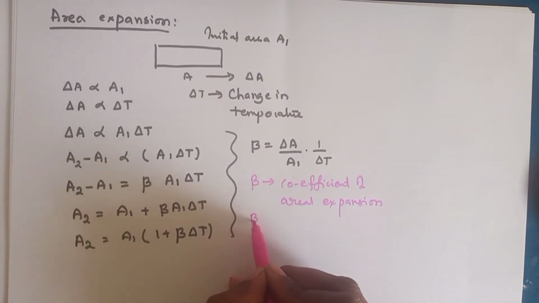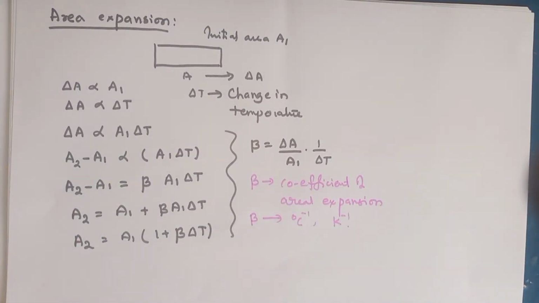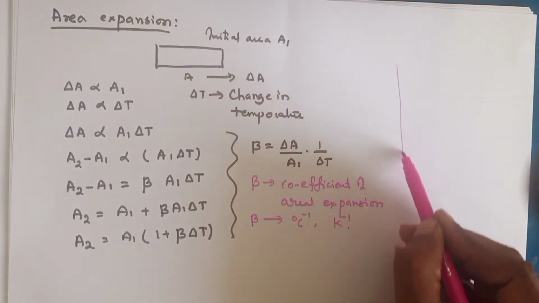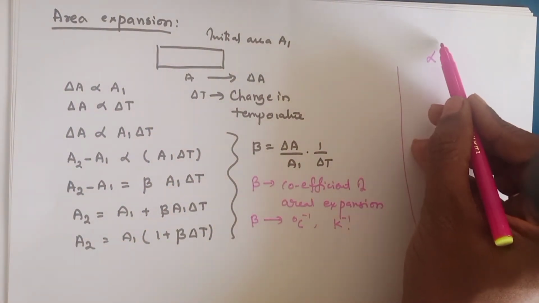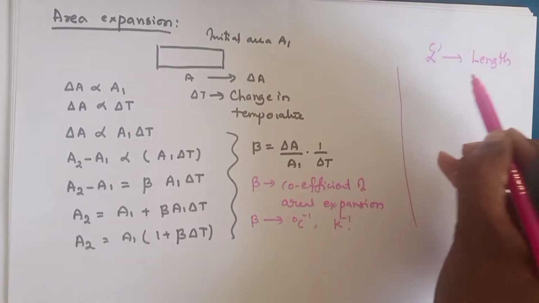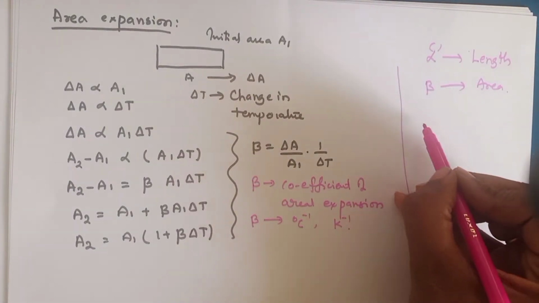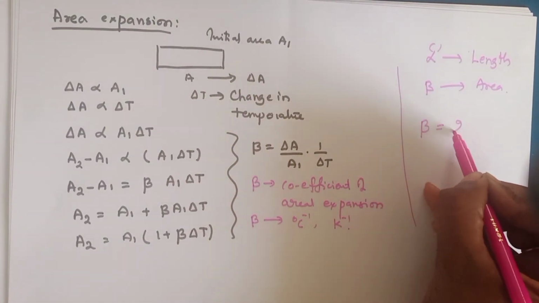What is the unit for it? Beta is per degree centigrade or Kelvin inverse. Earlier we had seen alpha. Alpha is related to length, beta is related to area. So beta is equal to 2 alpha.